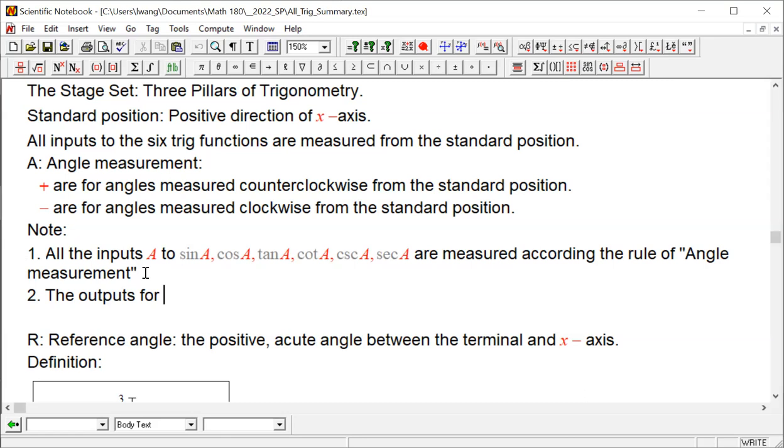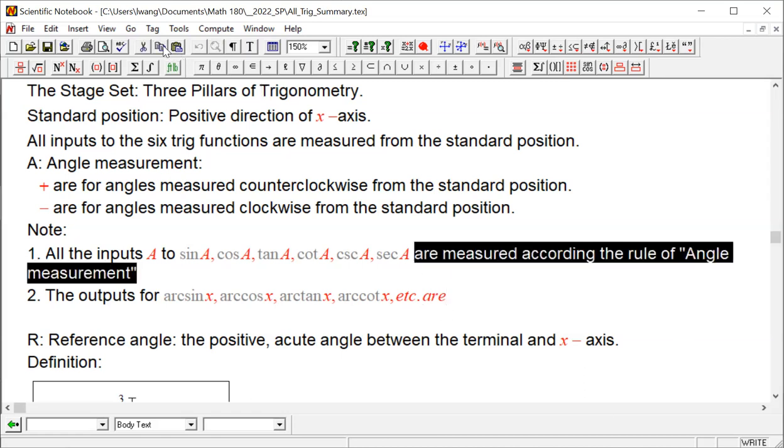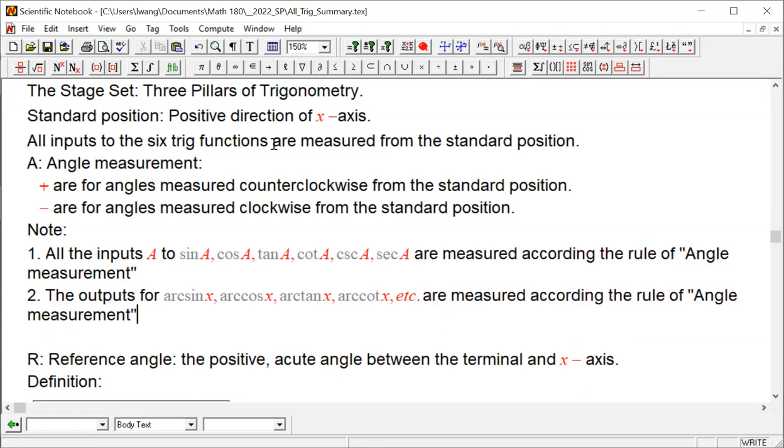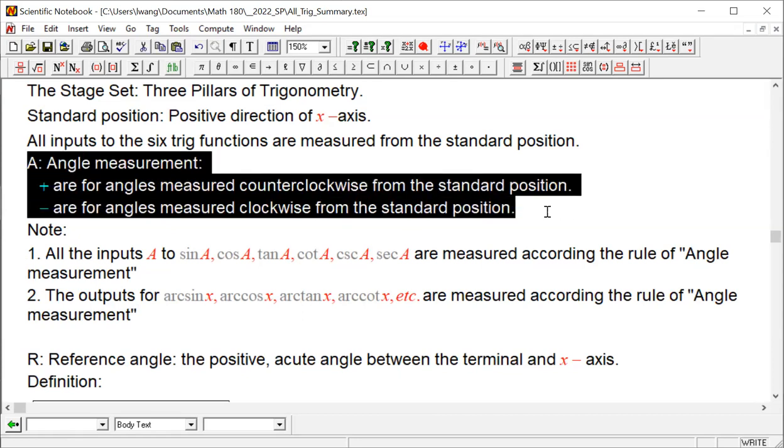So the output for arc sine, arc cosine, arc tangent, arc cotangent, etc., all those outputs are also measured the same way. That's how important angle measurement is to our understanding.